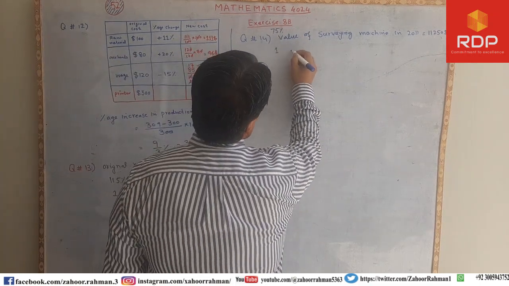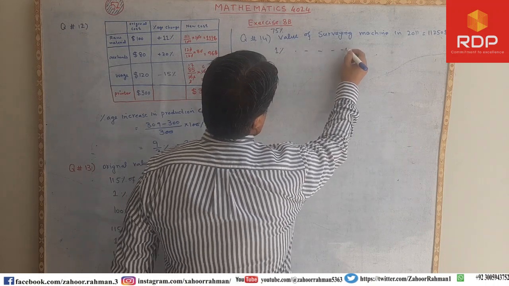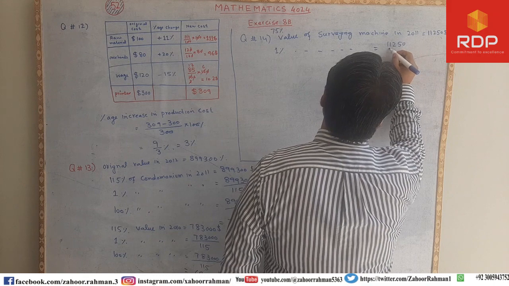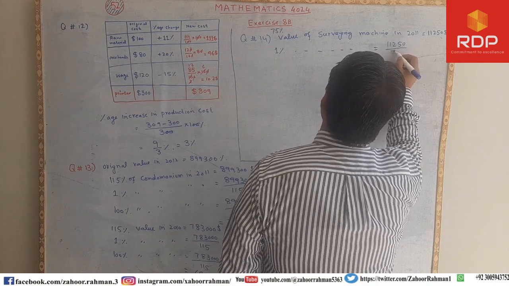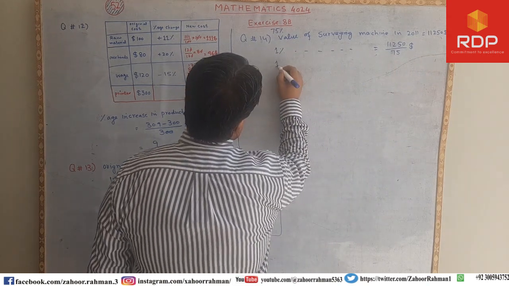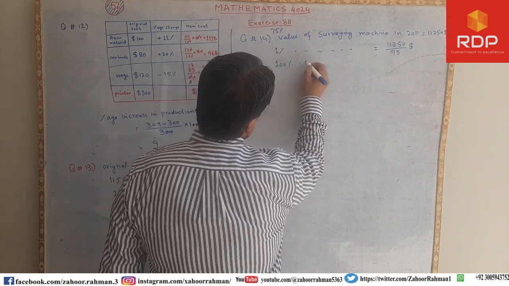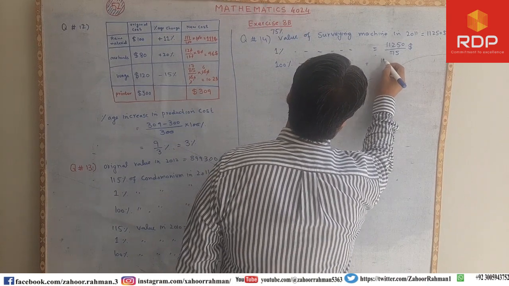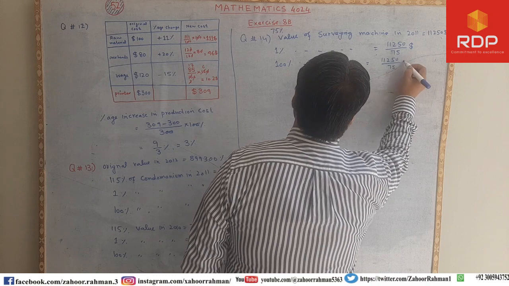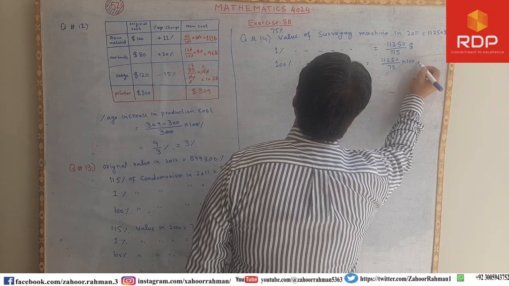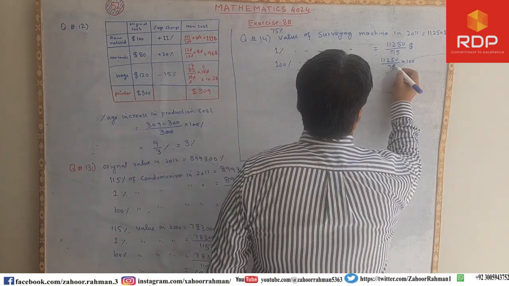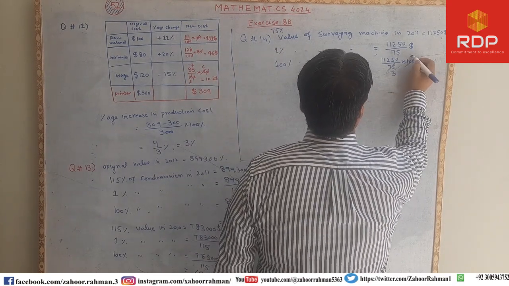So 1% value will be equal to 11,250 divided by 75. Now what will be the 100% value? That will be equal to 11,250 divided by 75, multiplied by 100.